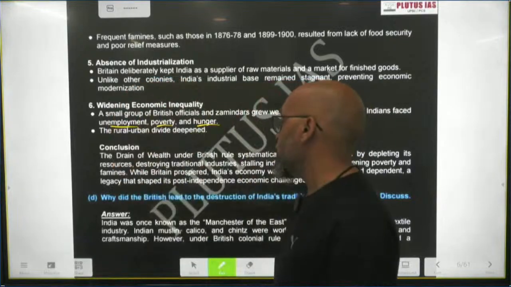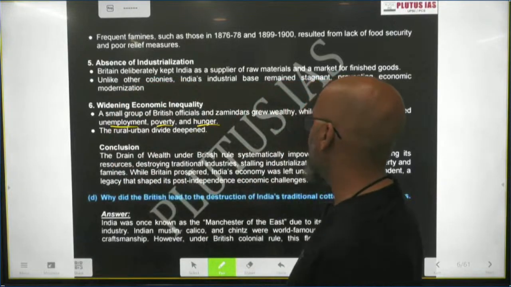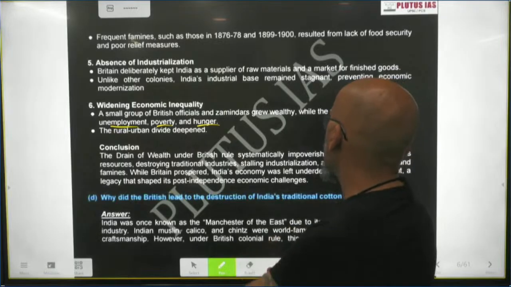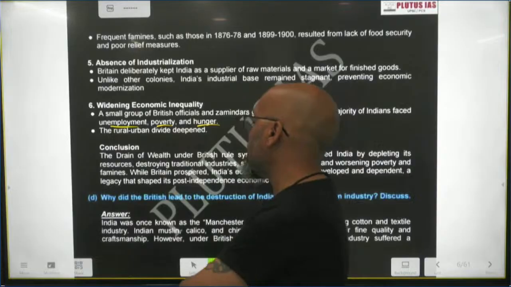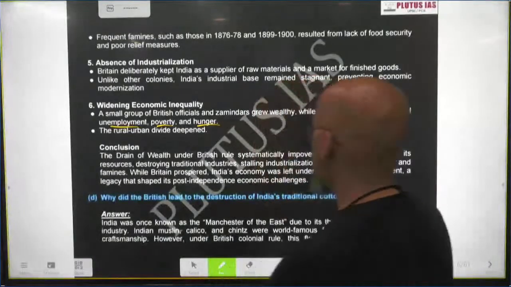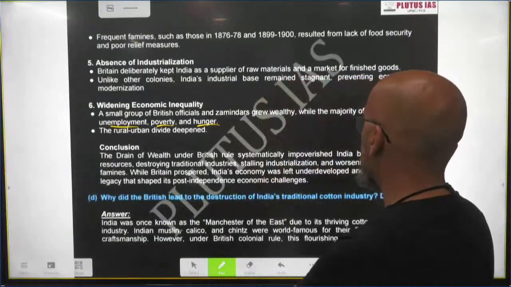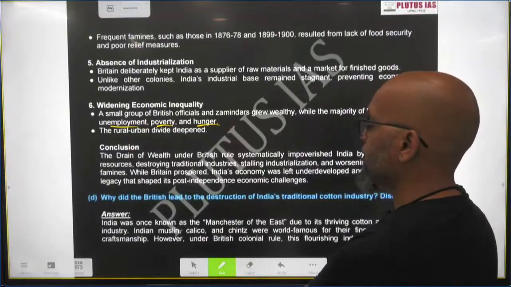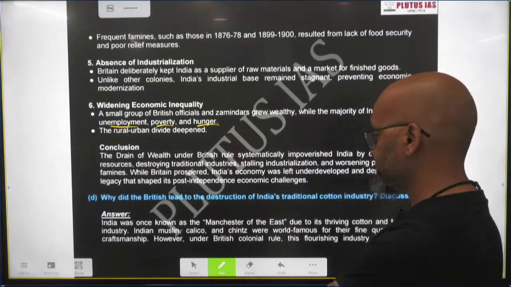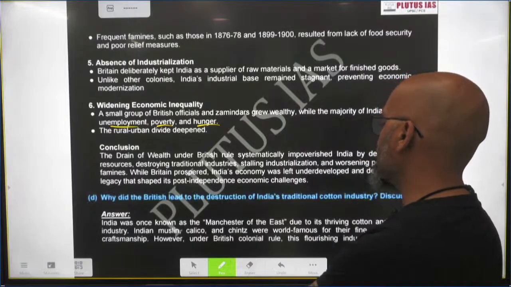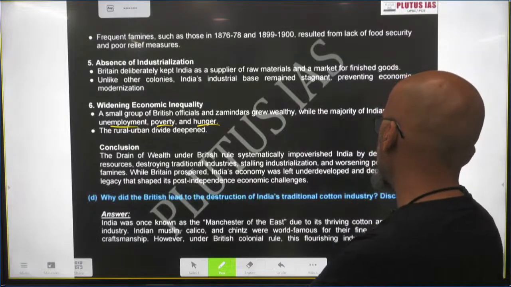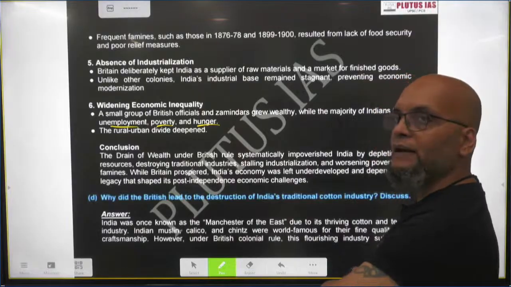Next is, why did the British lead to the destruction of India's traditional cotton industry? Discuss. India was once known as the Manchester of the East due to its thriving cotton and textile industry. Indian muslin, calico, and chintz were world famous for their fine quality and craftsmanship.